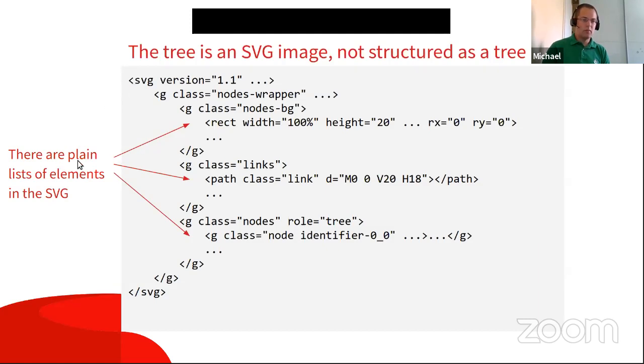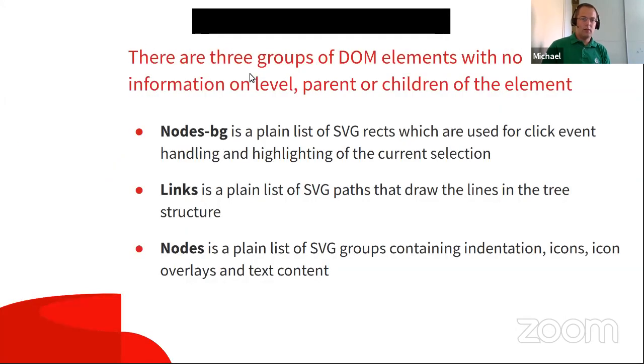There are 3 plain lists of elements in the SVG. You have the nodes BG, the links, and the nodes. And inside there are plain lists. These 3 DOM element groups do not have any information on level, parent, or children of the element. So nodes BG is a plain list of SVG rectangles.